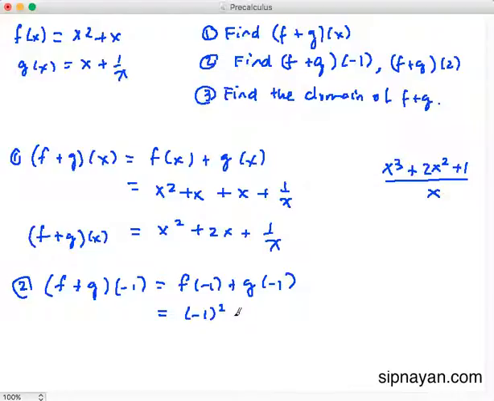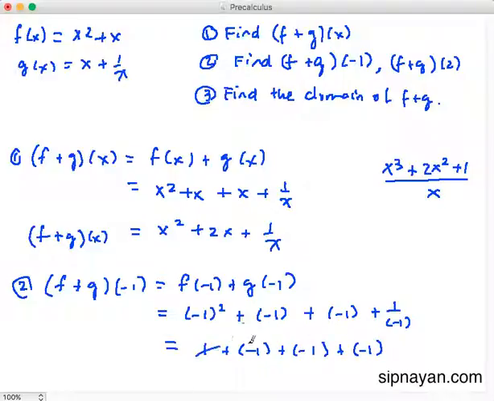This is negative 1 squared plus negative 1. And then, yung second function natin, g of negative 1, is negative 1 plus 1 over negative 1. So, magiging 1 plus negative 1 plus negative 1 plus negative 1. Tatlong negative 1, magka-cancel to. Negative 2 siya. So, f plus g of negative 1 is equal to negative 2.